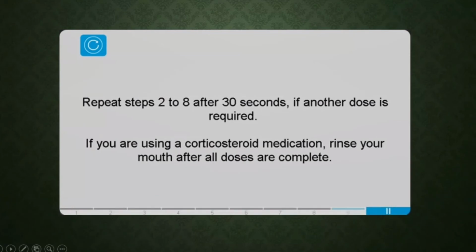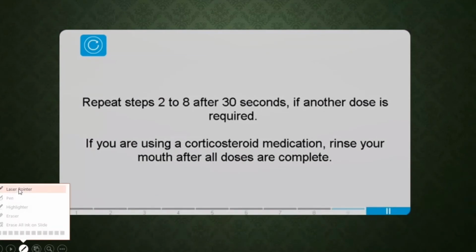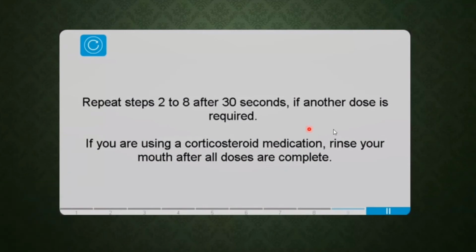Again, this is a very important statement here. If you're using any corticosteroids, most of your asthmatic patients will be on inhaled corticosteroids. It is a must that you rinse your mouth. The reason is that any steroid in your oral cavity will cause a local depression of the immune system there, which can lead to a lot of fungal infection.